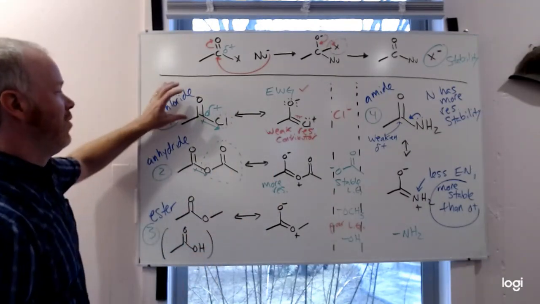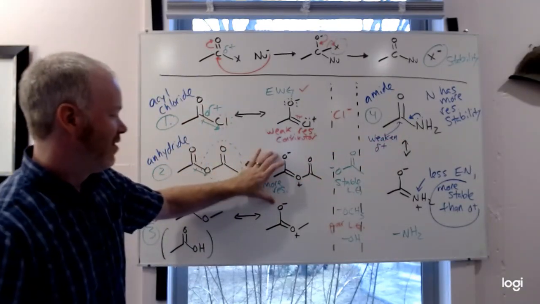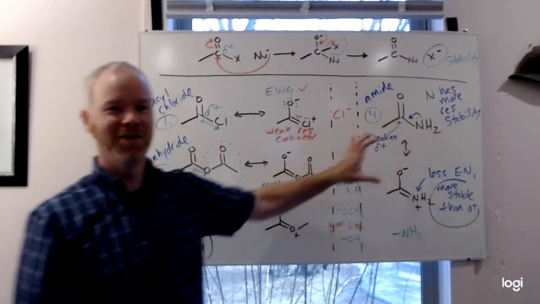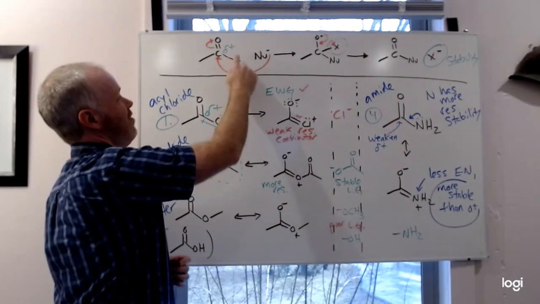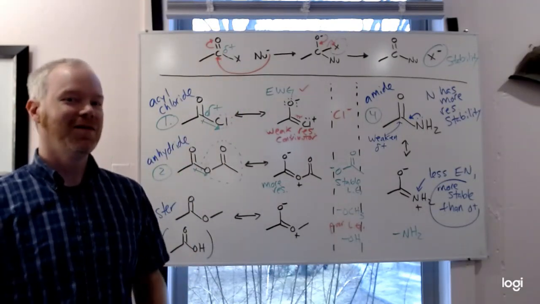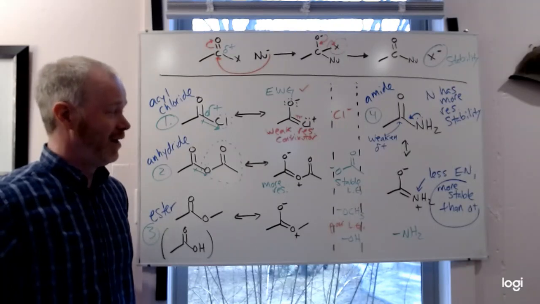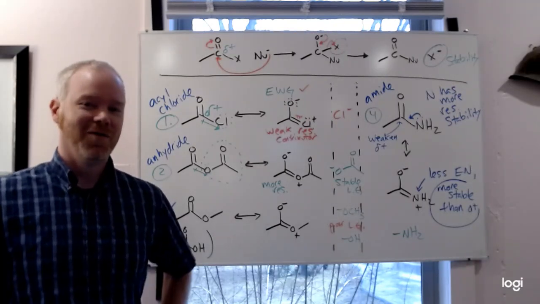And so as we're going down and then over to amides, it's getting more resonance stability, weakening that partial positive there. Because the more electrons you dump into a double bond here, the less positive that atom's going to be, the less reactive it's going to be. So this is what we're looking at in terms of why some of these are more reactive than others.